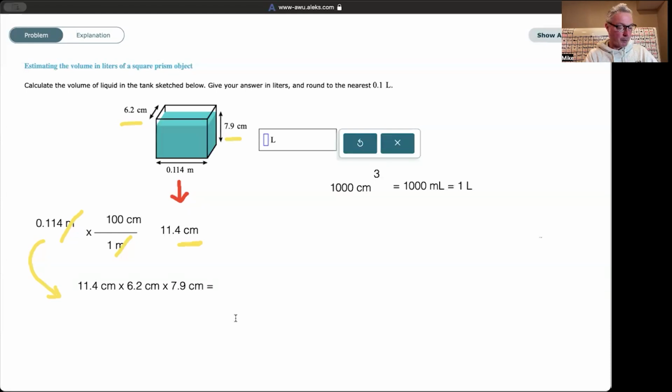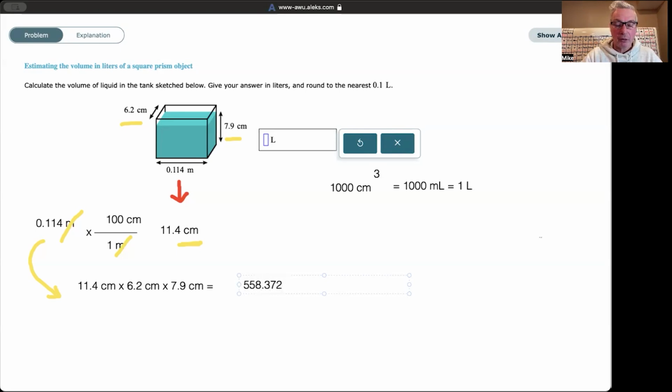I'm going to retain all the digits, and trim it to a tenth of a liter and see if that's the right way to go. So 11.4 times 6.2 times 7.9 equals, and I know this looks like a mess, but you don't want to trim digits until the very end.